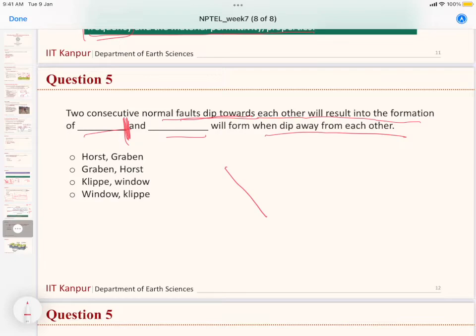No, here it is saying the normal fault only, na? So while the strike slip will come into this, but there is no option of. No, I said that horst and graben are formed whenever we have a dip slip kind of fault, not the strike slip.